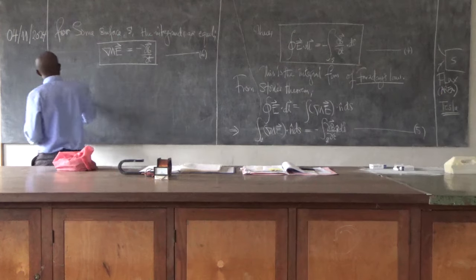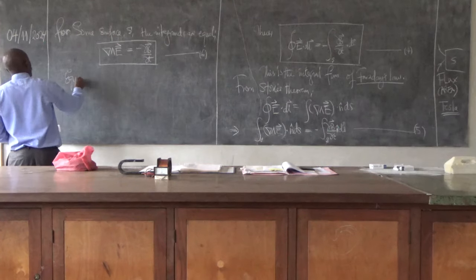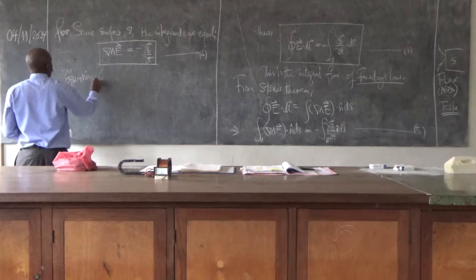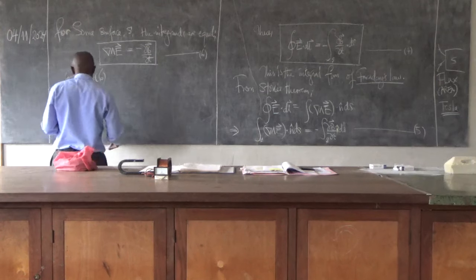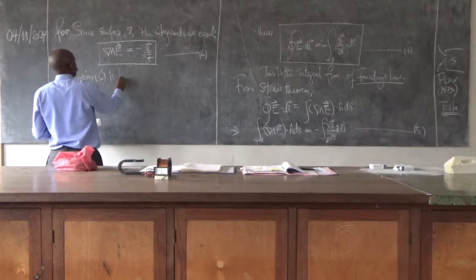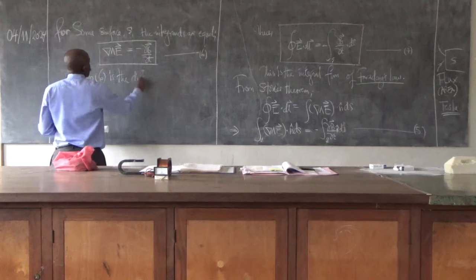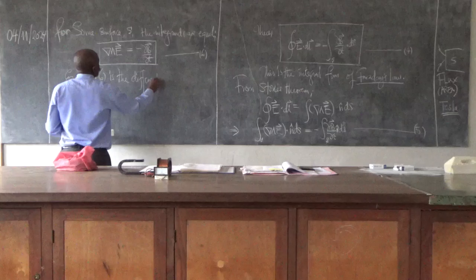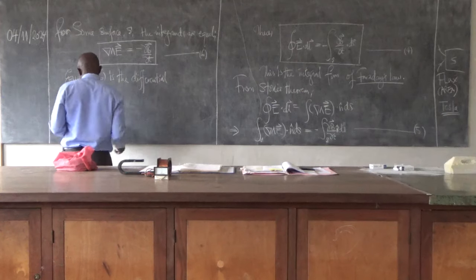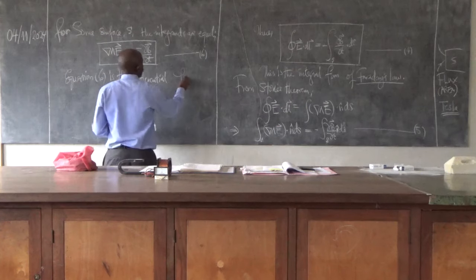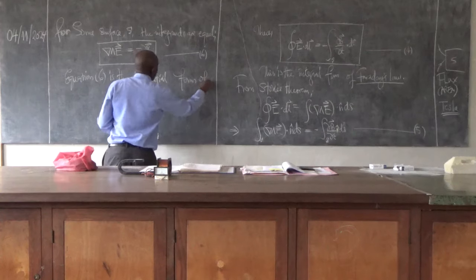So equation 6 is the differential form of Faraday's law.